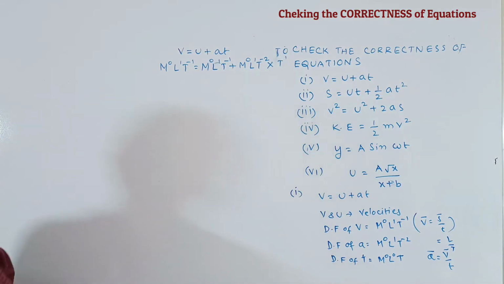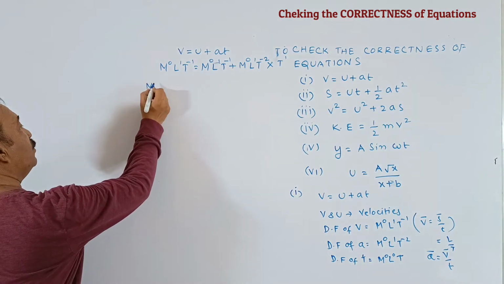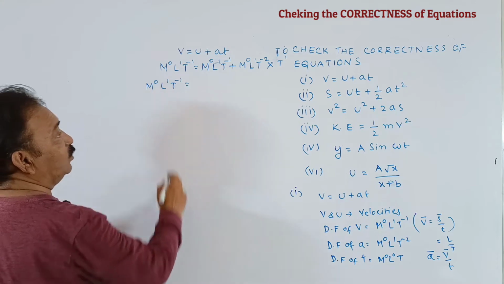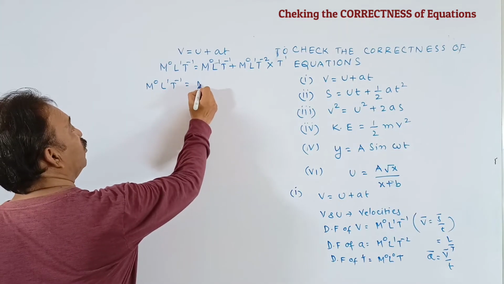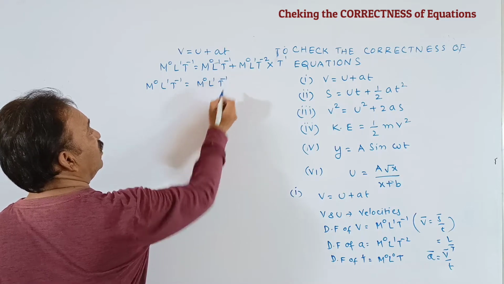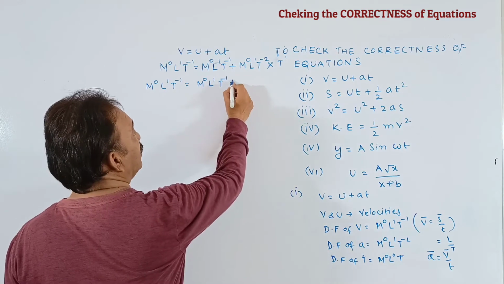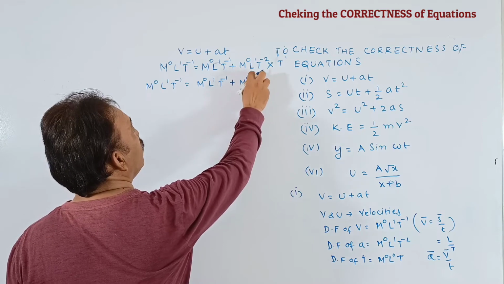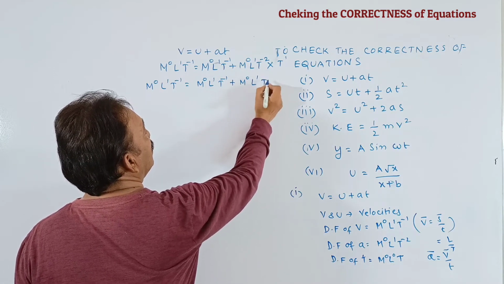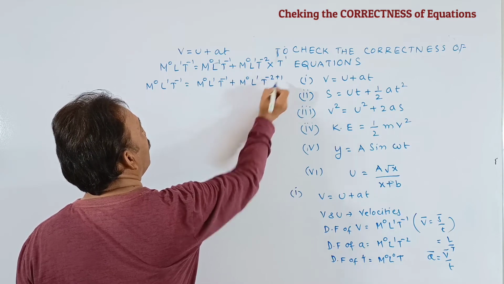Further it can be written as M0 L1 T inverse is equal to M0 L1 T inverse plus M0 L1 T to the power of minus 2 plus 1.